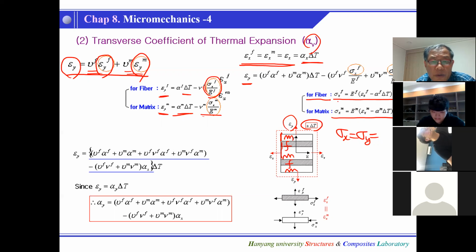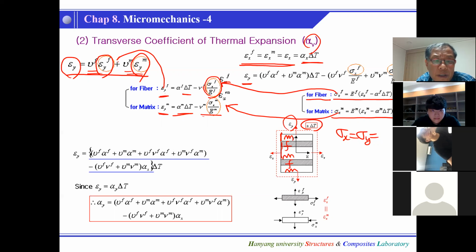So when we have this term, please pay attention. This one goes into here, and this one goes into here, and this one goes to here. So EY now is in terms of delta T. Delta T is given here, and delta T is given here.